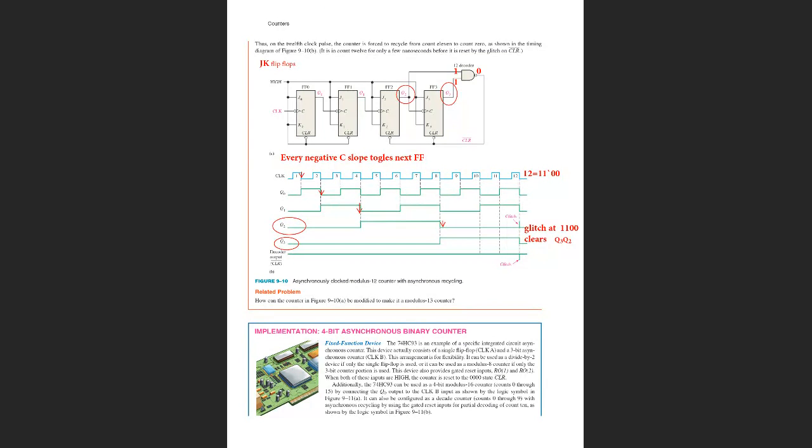We may have a counter using JK flip-flops, which may even be simpler than using D flip-flops, because we don't have feedback here. As you may see, the counter built on JK flip-flops has inputs J and K short-circuited. In every flip-flop, J and K are connected together and connected to high, which means they are always 1.